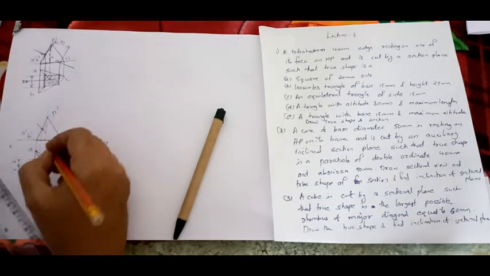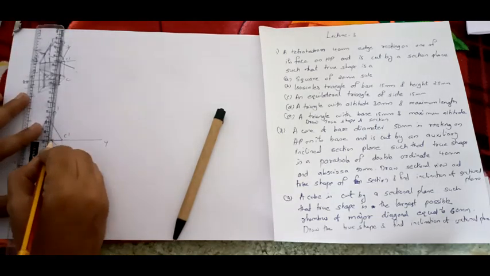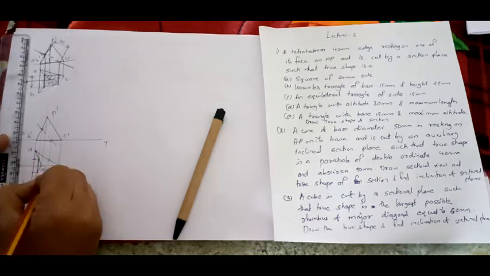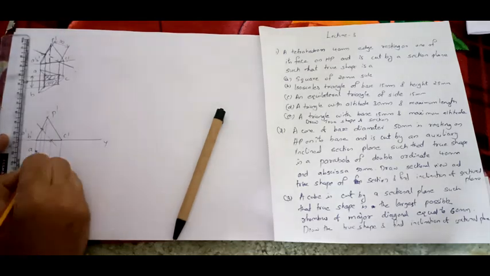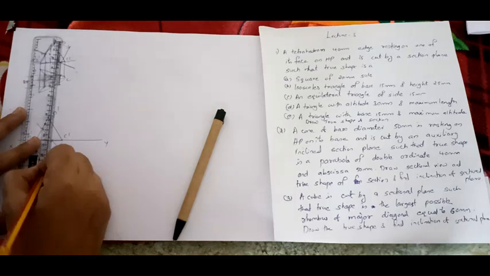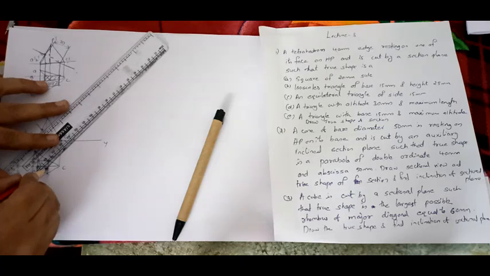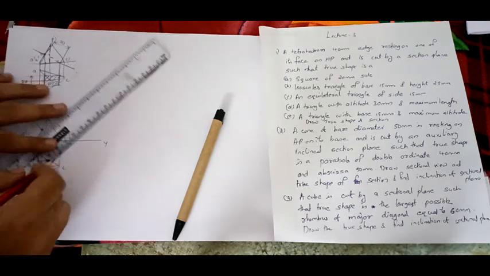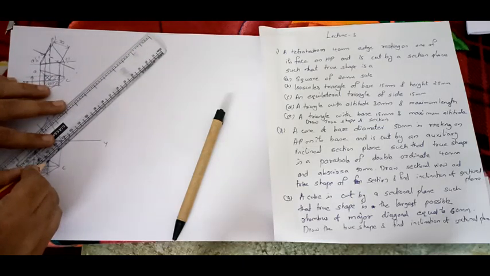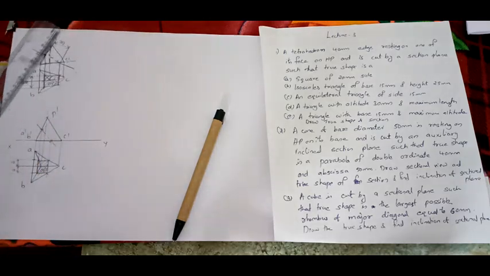This will also be equal to 20 mm. From here I will be cutting downwards in order to obtain the base. So basically the top view will look like a rectangle. Now rub off the middle portion, then hatch the lines. So you have obtained the square.